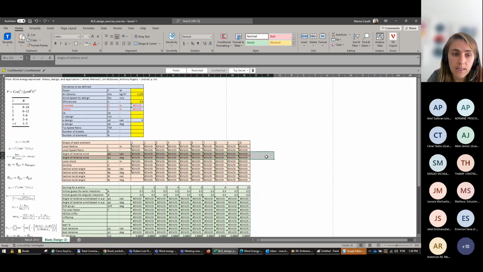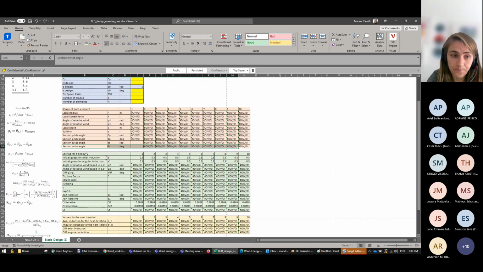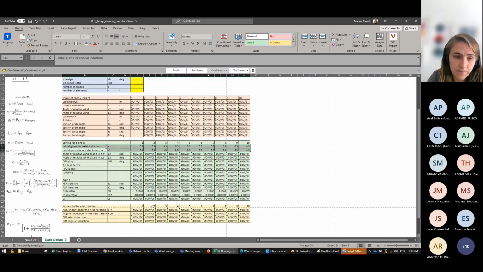The angles for the relative wind, then the section pitch angles, the section twist angles, and then here the way of solving for the inductions using a first estimation of axial and angular induction. And finally, we recalculate the induction for the next iteration.